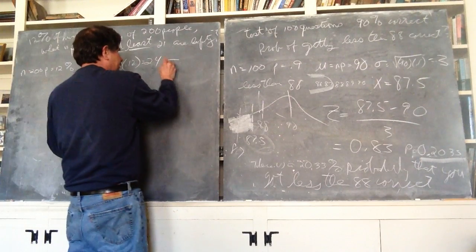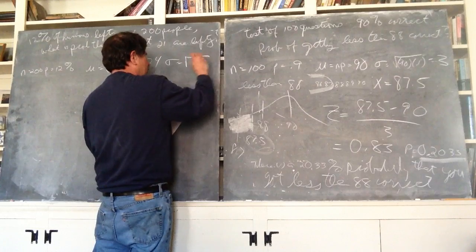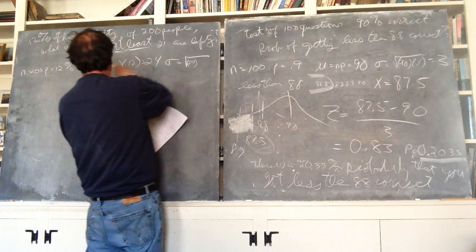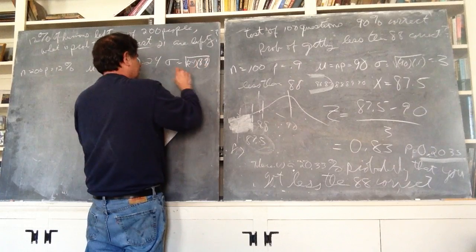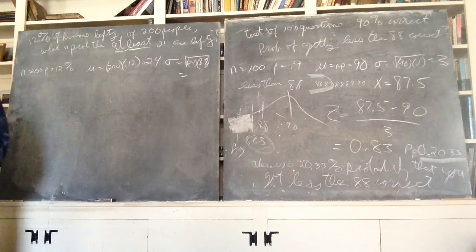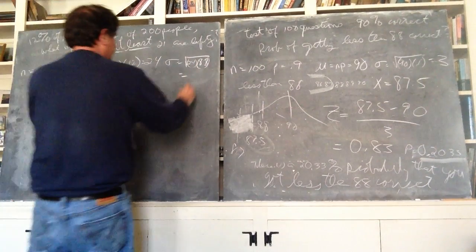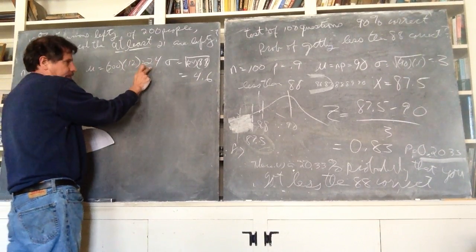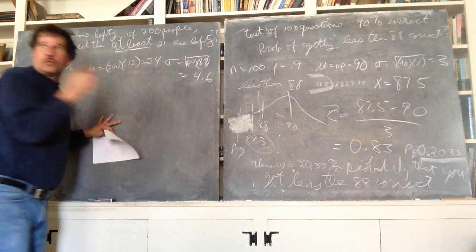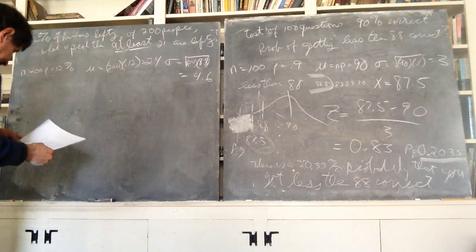And then sigma, the standard deviation, is the square root of 24 times 0.88, which I got to be 4.6. Mean of 24, that's what we expect of 200 people. That's what the standard deviation is.